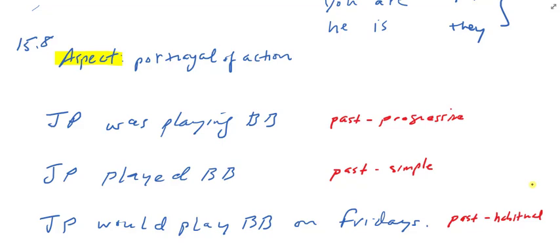So I may have engaged in an activity over a long period of time. I may have done it for a long process of time. But when I tell you about it, I might choose to portray it just as a simple summary statement, right? For example, think about this.